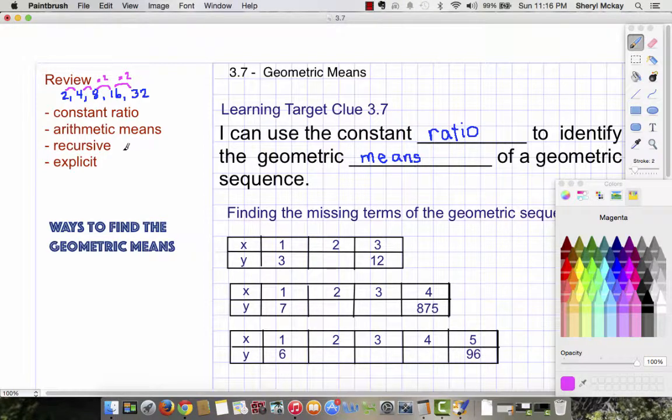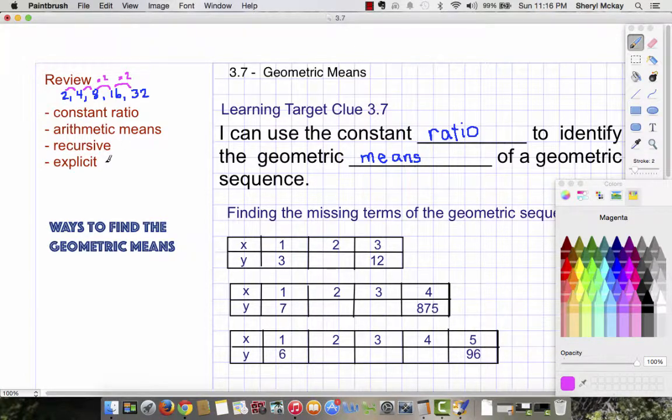And we also talked about recursive equations, and that's really what we're doing when we are figuring out those arithmetic means. Once we know the constant difference, then we just use the recursive rule that basically says we add or subtract. We're going to do the same thing with constant ratios, except we're going to multiply.